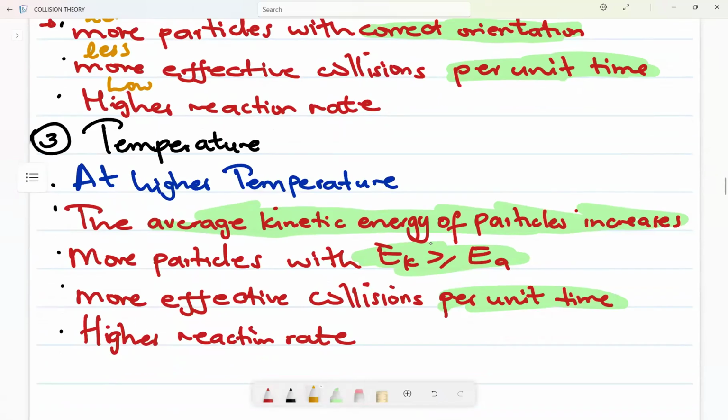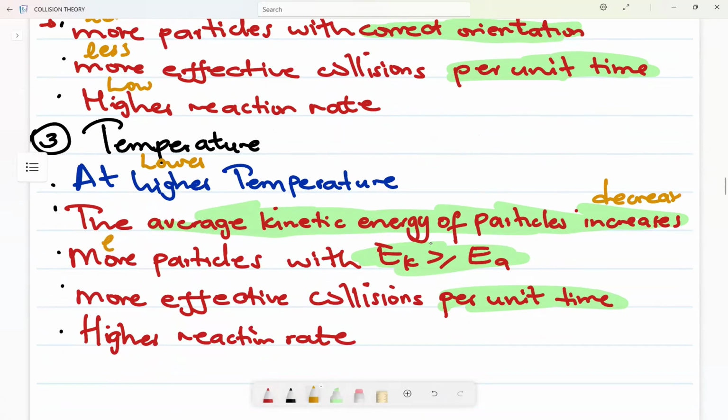Okay? At a lower temperature, the average kinetic energy will decrease. If it is cold water, when you convert it back to ice, ice is not moving. Even a tortoise moves fast.